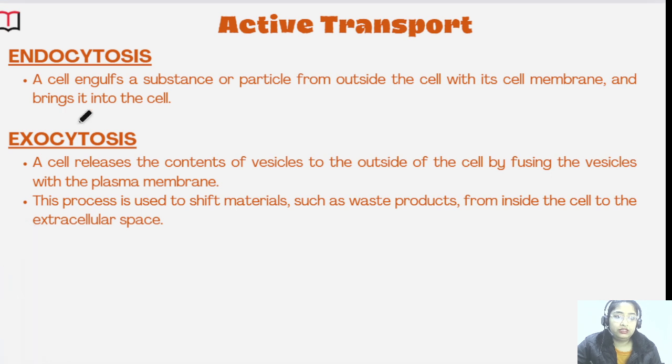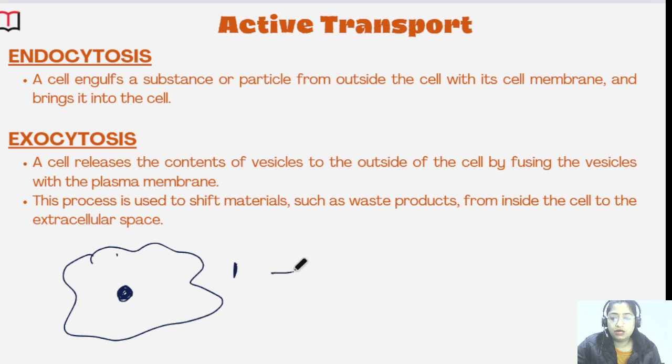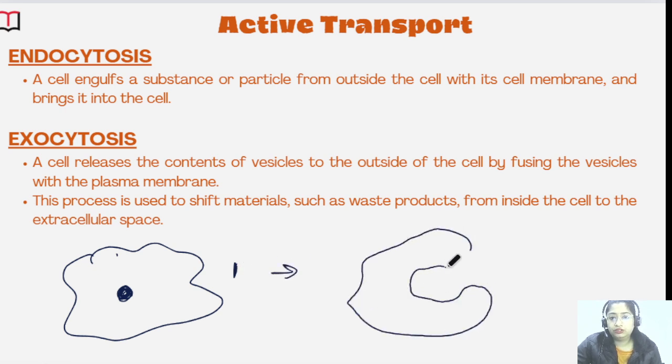For example, there is an amoeba. How does the amoeba eat food? Suppose there is a food. It just surrounds it with its pseudopodia. Here is the food particle and here is the pseudopodia. Pseudopodia means false feet.